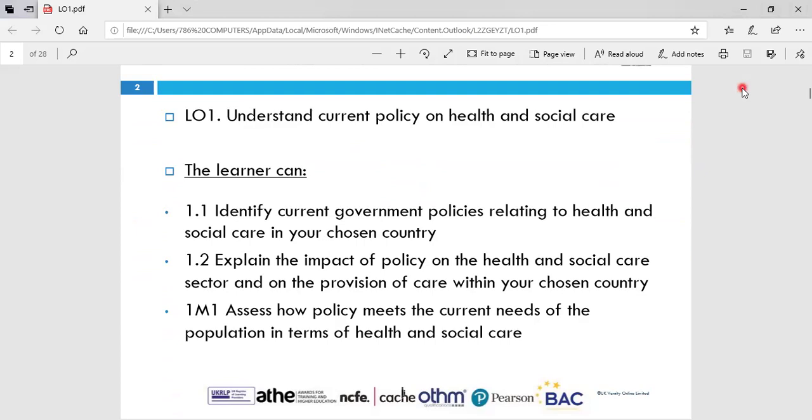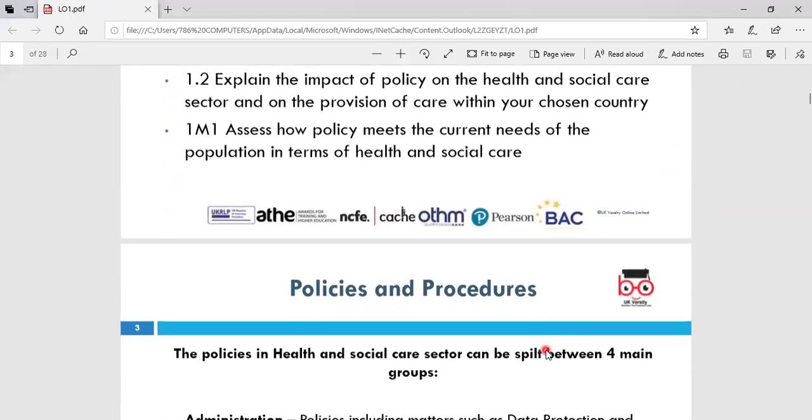The learner here should be able to identify current government policies relating to health and social care in your chosen country, explain the impact of policy on the health and social care sector and on the provision of care within your chosen country, and assess how policy meets the current needs of the population in terms of health and social care. We've talked about this earlier for your assignment.